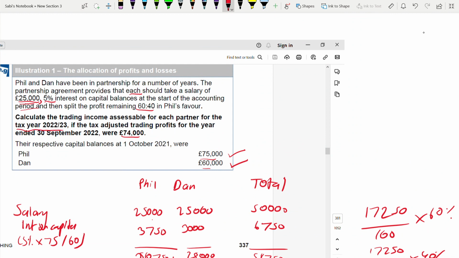Because the period end is 30th September 2022, which falls in the tax year 2022-23, as the tax year ends on 5th April 2023. The basis of assessment you should know: it's the current year basis. All this you will not understand if you have not followed my previous lecture. That's why I'm telling you, please watch my lecture 10 first and then come to lecture 11.